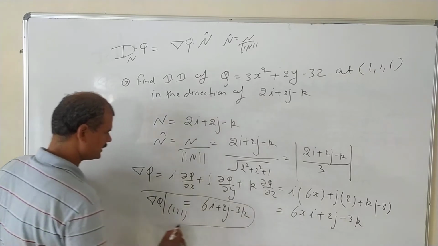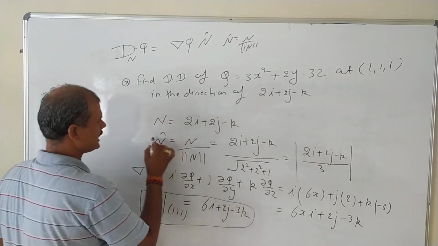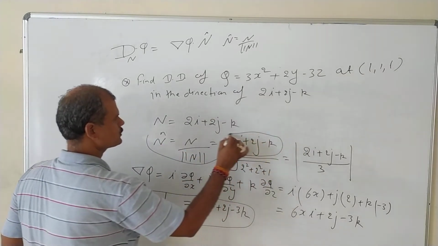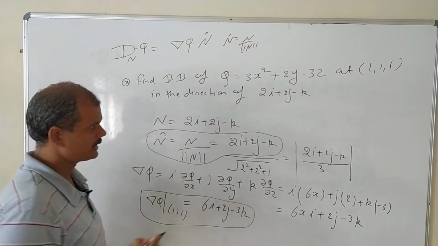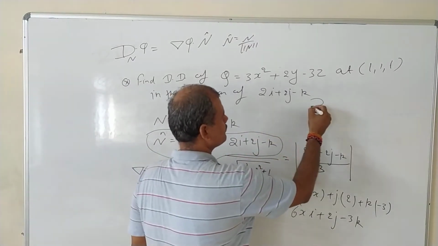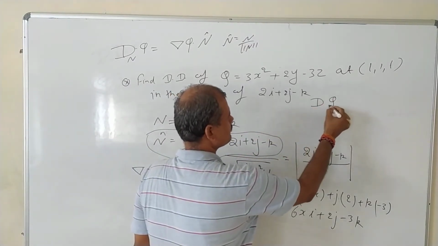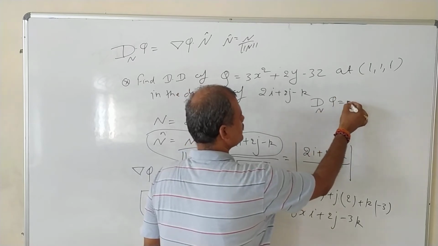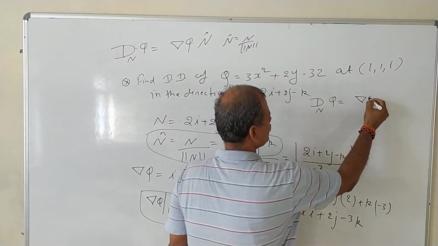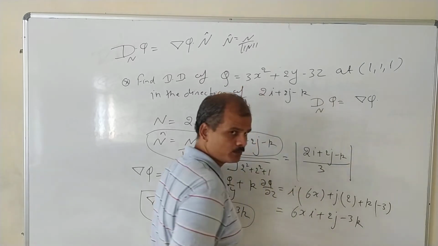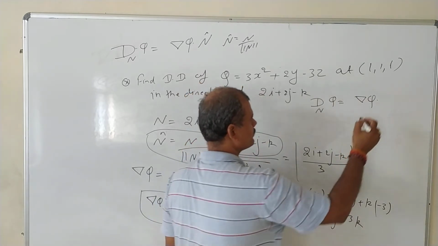This is one vector and n cap is the other vector, right? So now the directional derivative of phi in the direction of n will be gradient of phi dot n cap. Since both are vectors, the dot product will come.